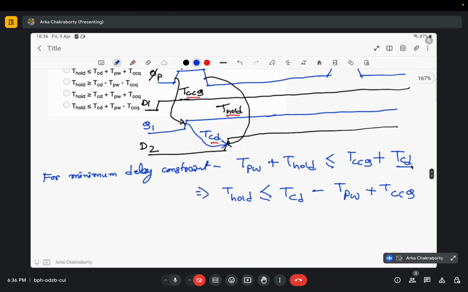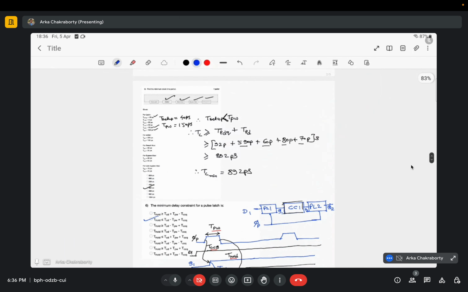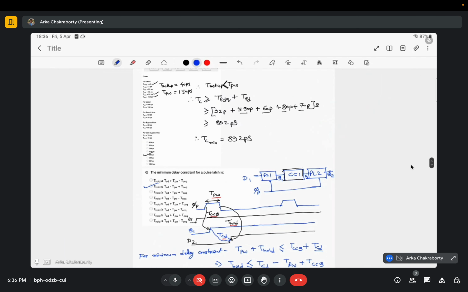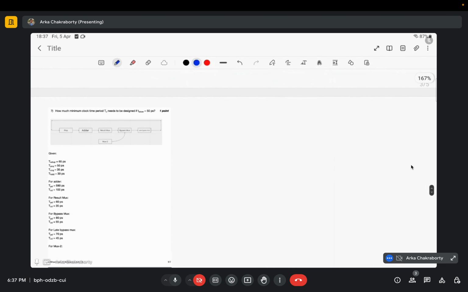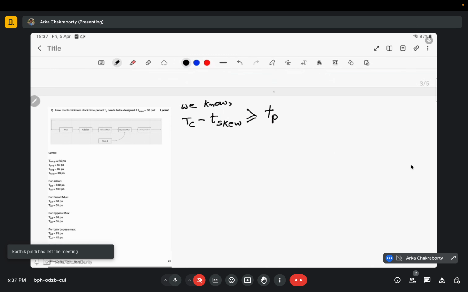So from the previous one, we know from this question, TC minus T skew should be greater than or equal to T propagation clock to Q plus T propagation delay plus T setup, correct?